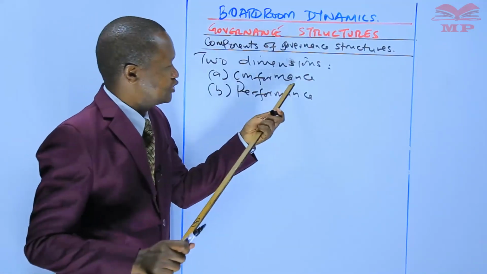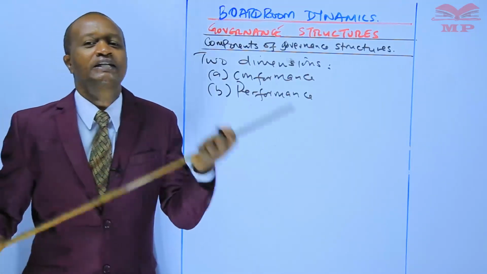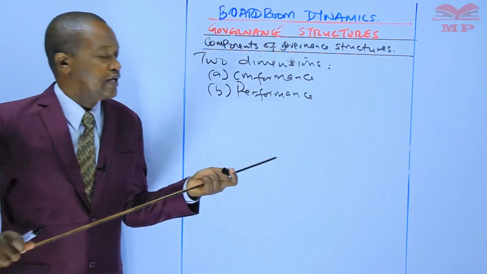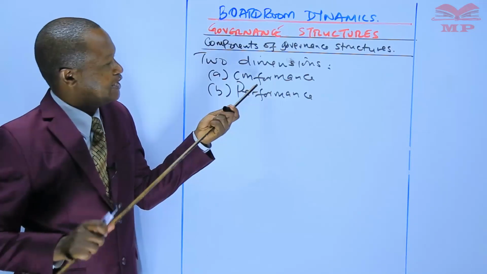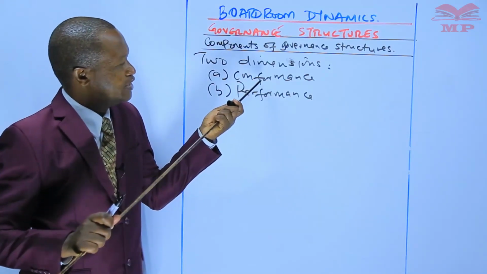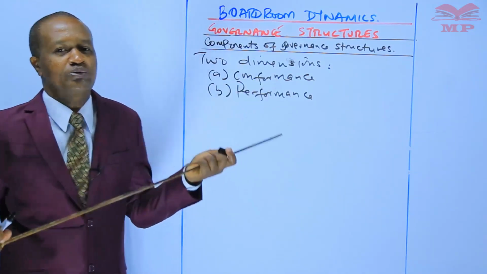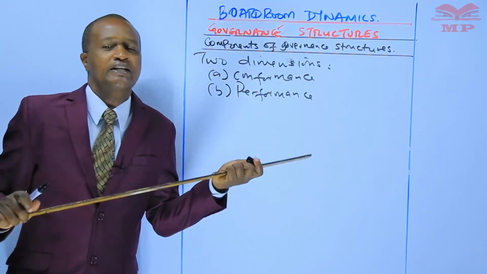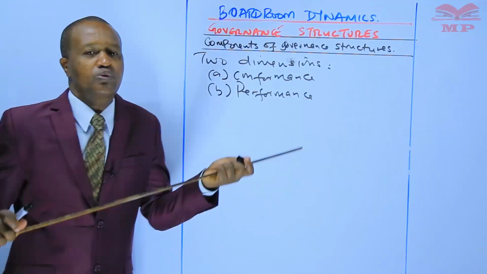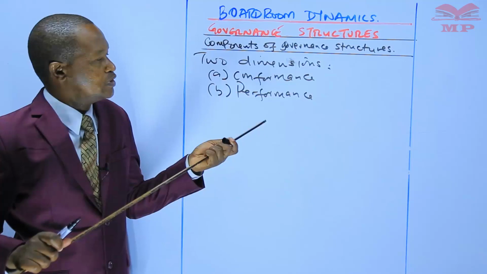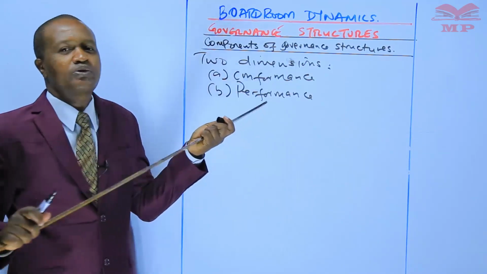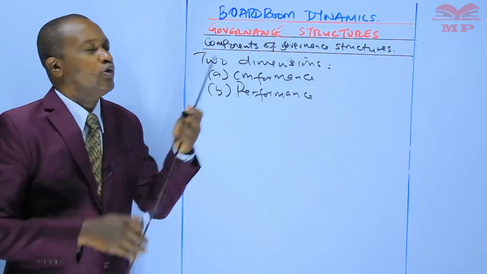Performance dimension and conformance dimension. In general, the conformance dimension tends to take what we call a historical view, while the performance dimension is forward-looking.